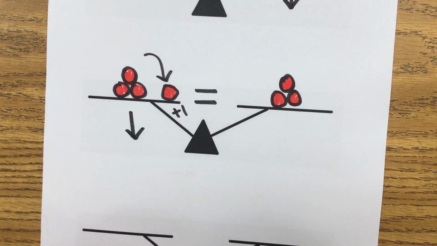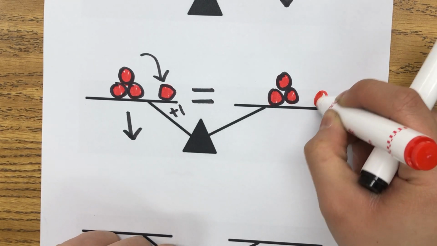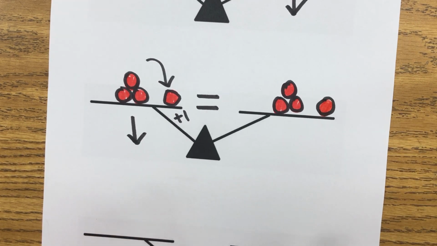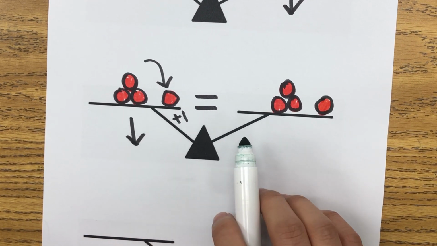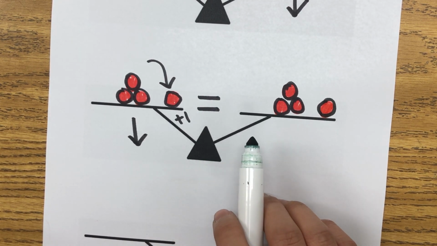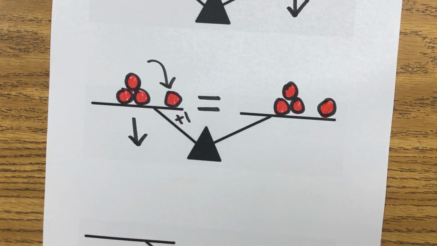So how do I keep the scale balanced? Well, if I added a red dot in over there, I would have to add another red dot in on my right side to keep my scale balanced. So what I do to one side of this balance scale, I'd have to do to the other side to keep it balanced. Same for equations. What I do to one side of the equation, I have to do to the other side.